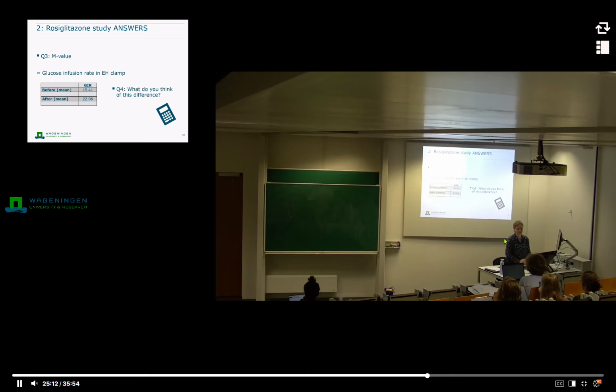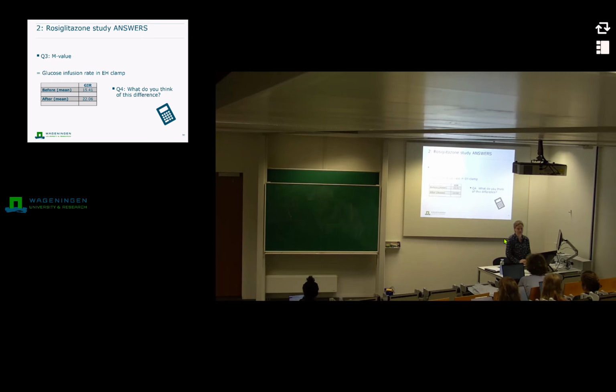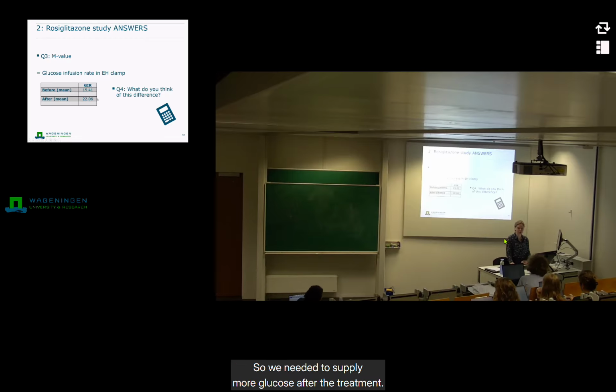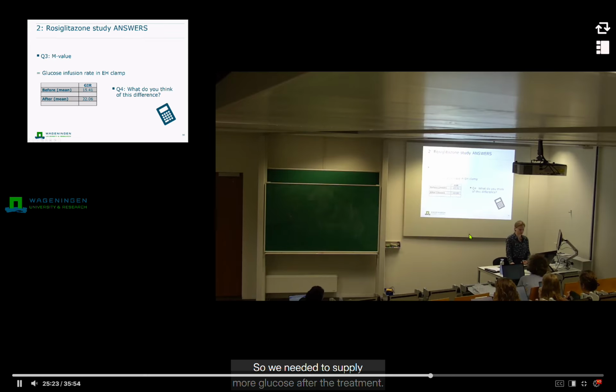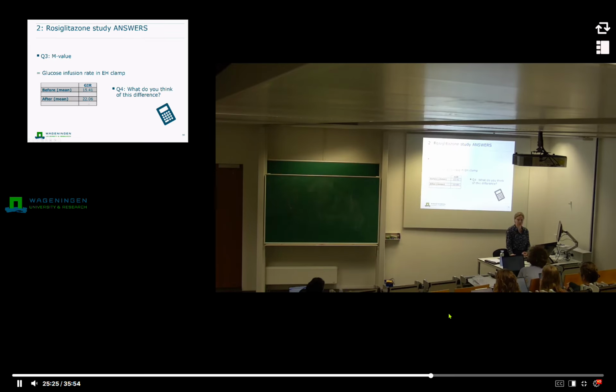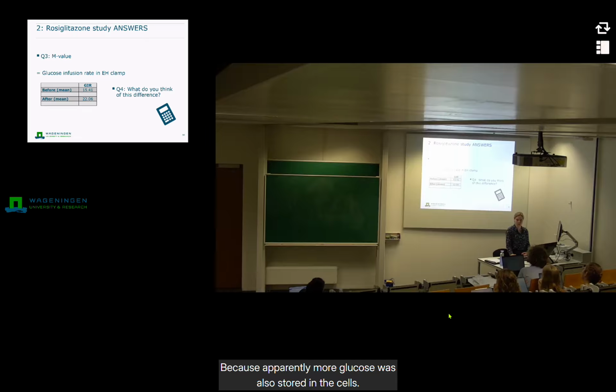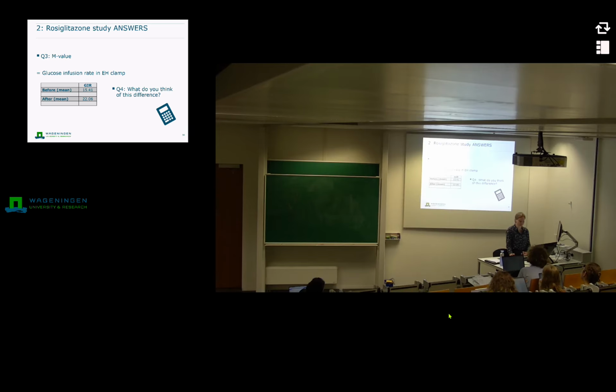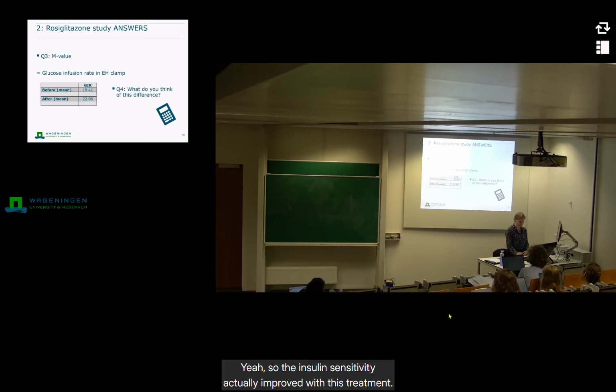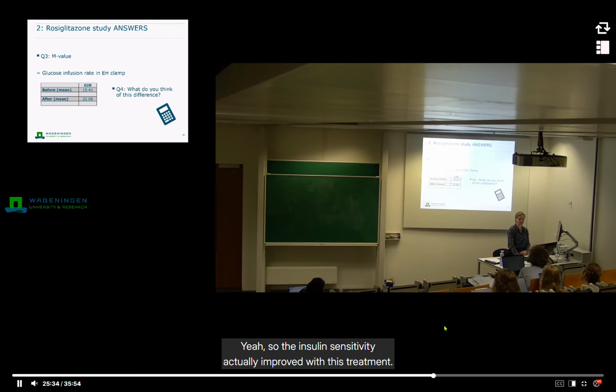On average, the patients are better able to store glucose. Yes, because the glucose infusion rate is higher, right? So we needed to supply more glucose after the treatment because apparently more glucose was also stored in the cells. So the insulin sensitivity actually improved with this treatment.